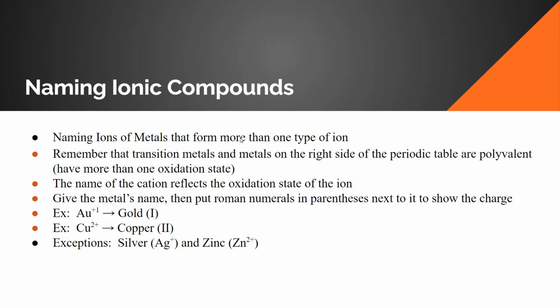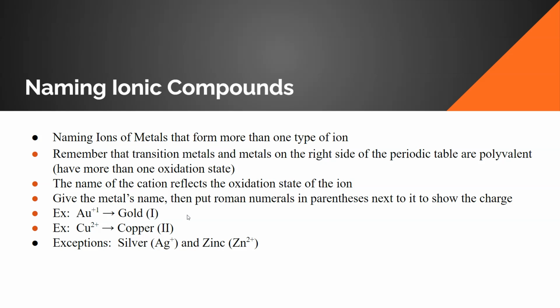So, for example, gold with a +1 charge would be written as gold with a Roman numeral 1 in parentheses to show its charge. Copper with a 2+ charge is copper with a Roman numeral 2 in parentheses to show its charge. So that is part of the ion's name.